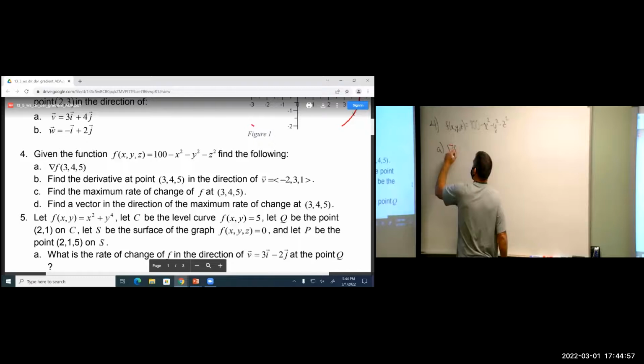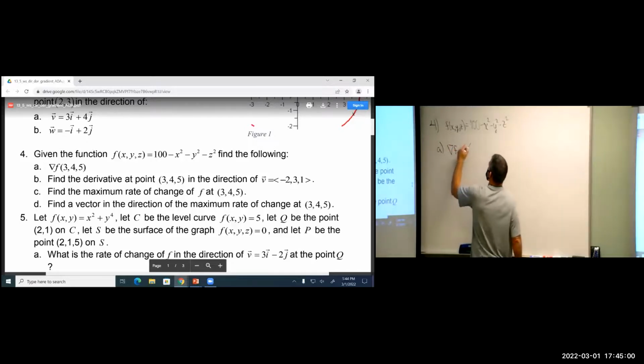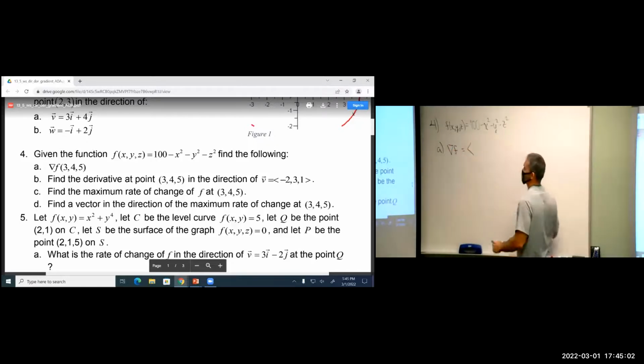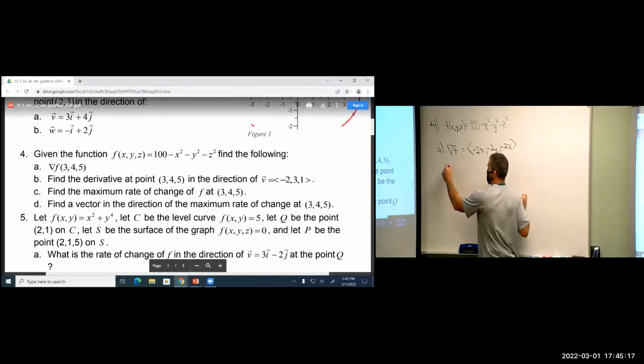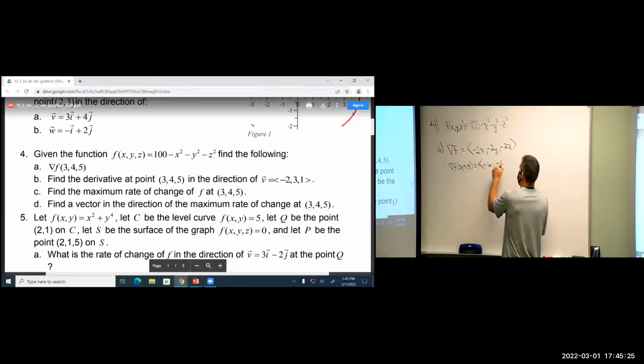So, gradient of f, what are the partials? We have minus 2x, minus 2y, minus 2z. Now we should be able to find the gradient of f at (3, 4, 5), which is going to be minus 6, minus 8, minus 10.